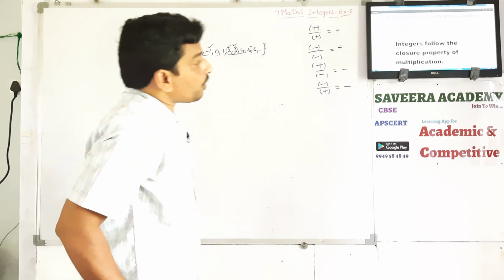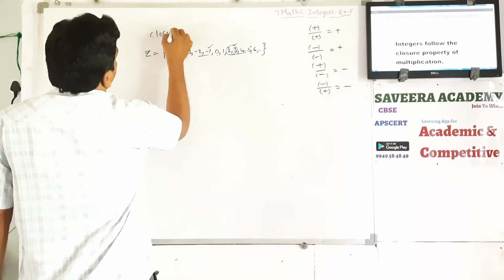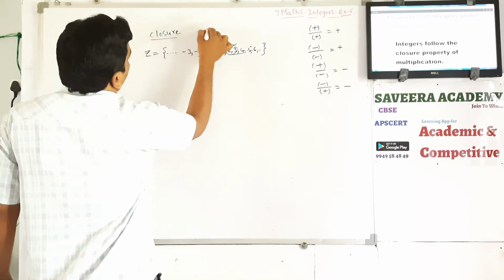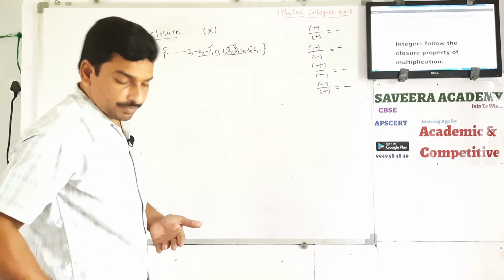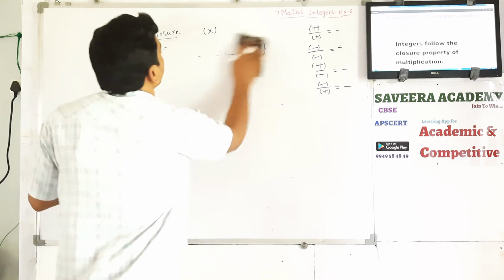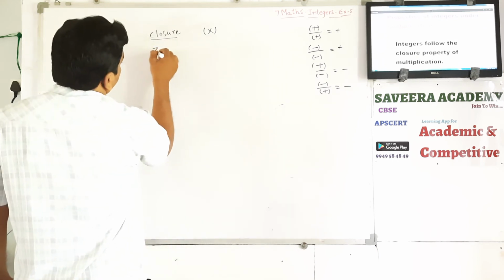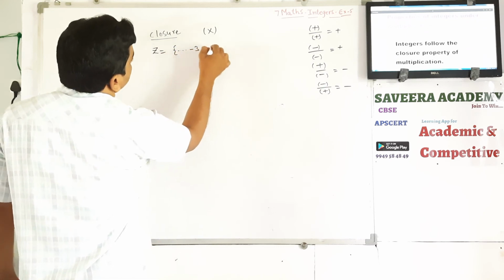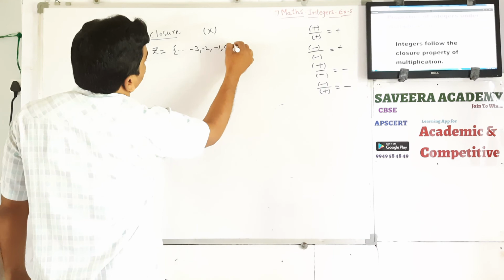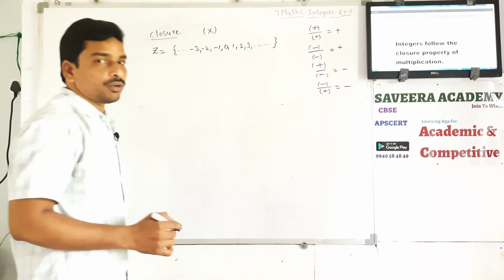Here see, first, the closure property. Now the operation is multiplication. Again I will write Z. Z is equal to the set of ..., minus 3, minus 2, minus 1, 0, 1, 2, 3, and so on.